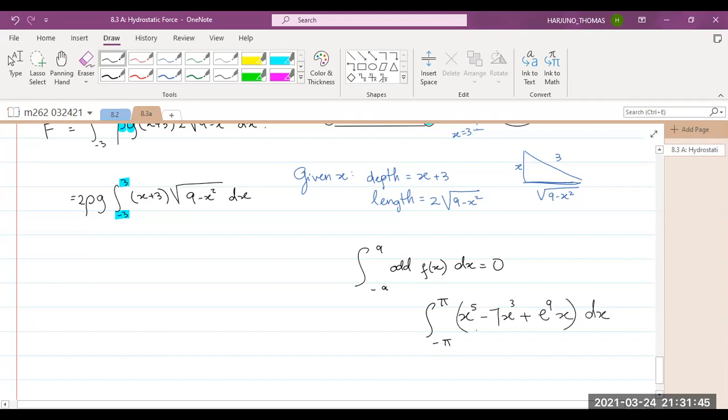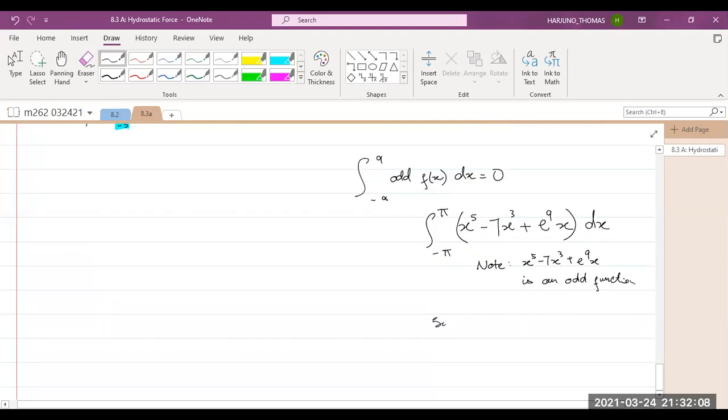Go for it. But the way I will argue is, note that x to the 5th minus 7x cubed plus e to the 9x is an odd function. Therefore, the integral is equal to 0.